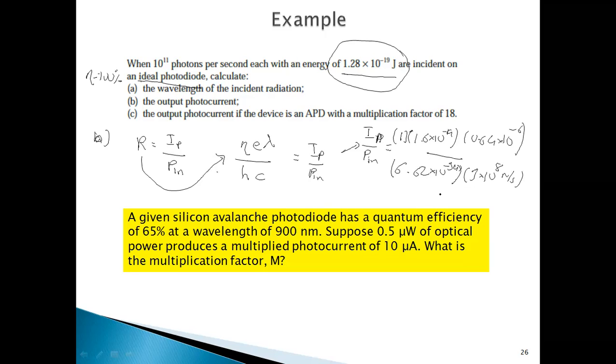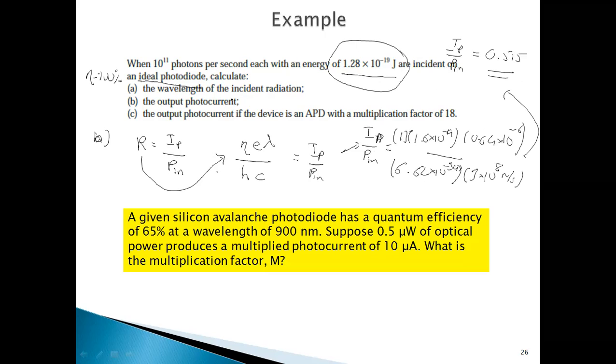From this calculation, we calculated the ratio between IP over P in. The value for this ratio will be equal to 0.515. That should be the ratio of the output photocurrent to the input optical power.